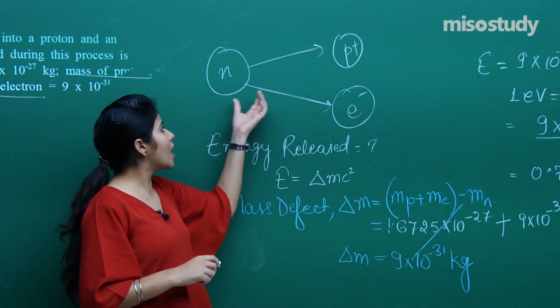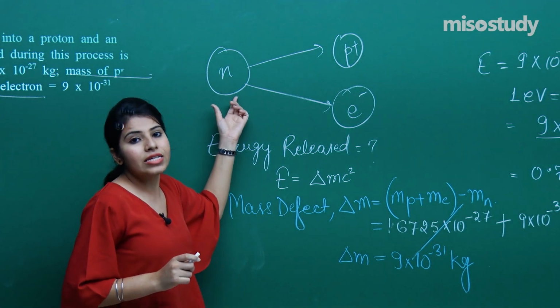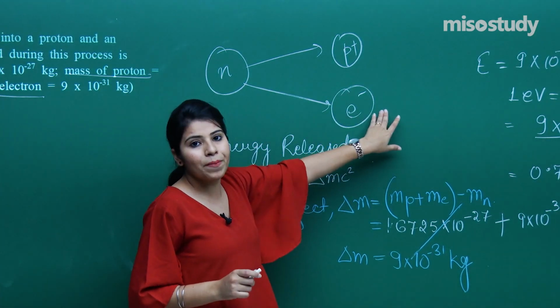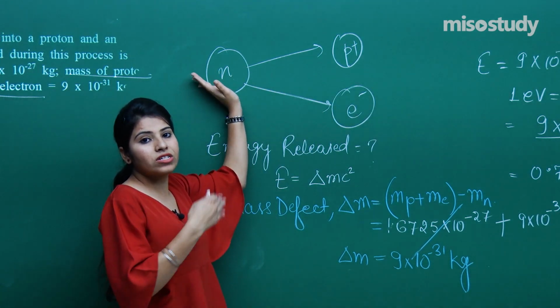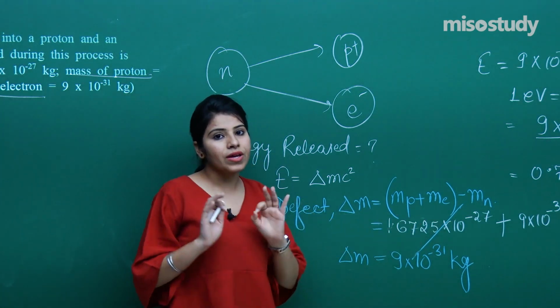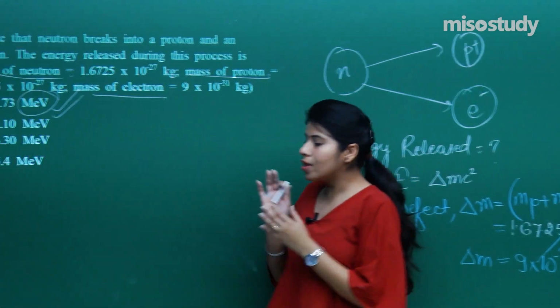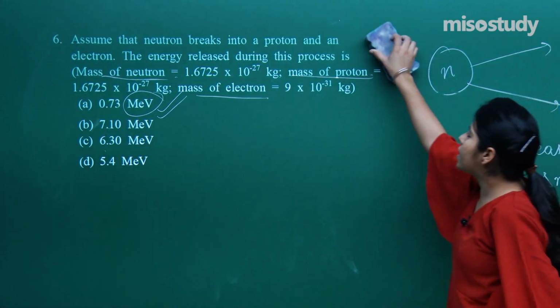Because if something is getting broken down into two components, definitely their masses will be greater than the mass of the one from which it is breaking down, right? So definitely this is the correct formula. Now we will look at the next question, question number 7 of the session.